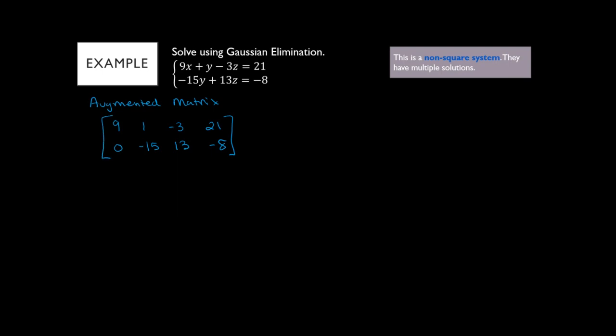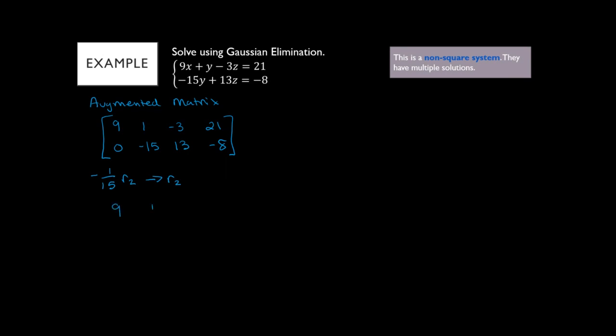So we still want to have that 1 in the diagonal and then a 0 underneath. And I'm going to work with that second row. I need to turn the -15 to a 1. And I will do that by basically multiplying that whole second row by 1 over -15. So I'm going to multiply row 2, and then that's going to be the new row 2.